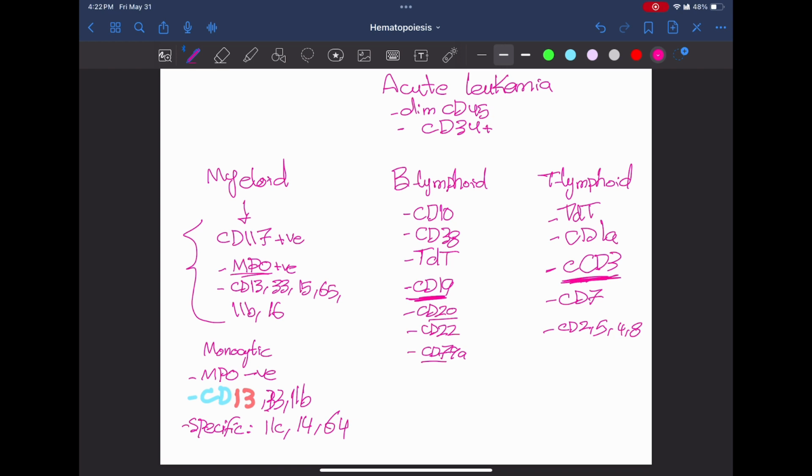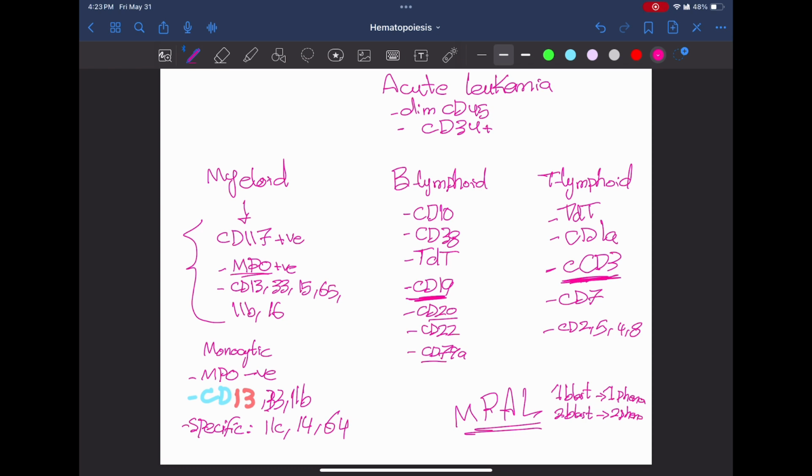Less than 4% of acute leukemia cases fall under the category of mixed phenotype acute leukemia. Mixed phenotype acute leukemia is when you have immunophenotypic evidence of more than one leukemia differentiation. You can have two blast populations, for example, one blast population with one phenotype, and then a second blast population with a second phenotype.